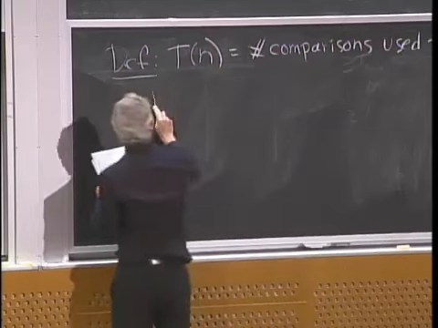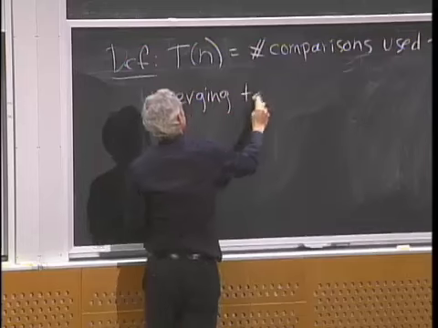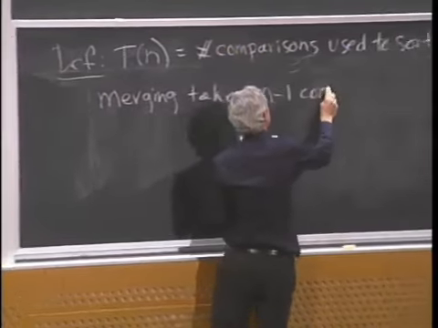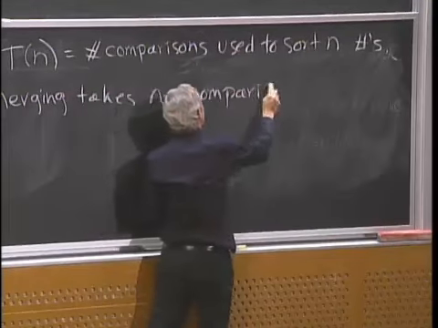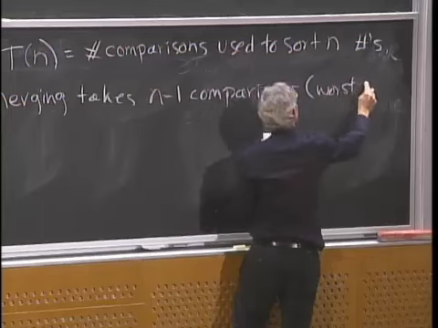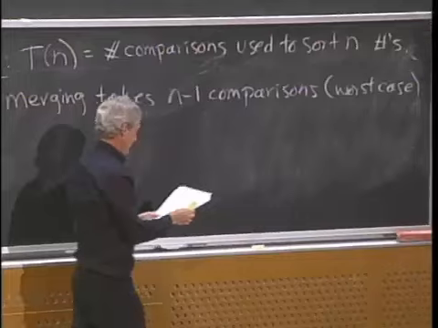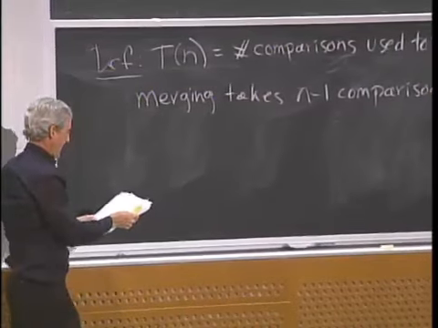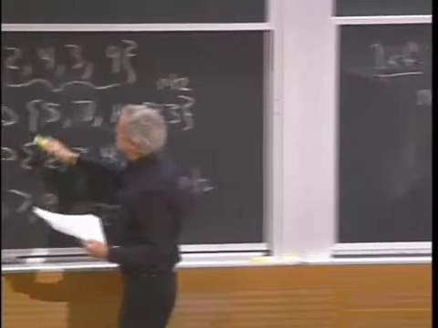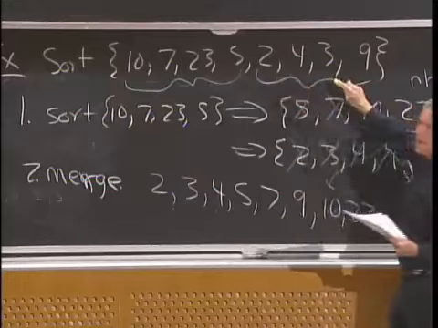All right, so we already know that merging takes n minus 1 comparisons in the worst case. And you always want to prepare for the worst case. How many comparisons are used in the recursive steps to sort this list and to sort that list in general?